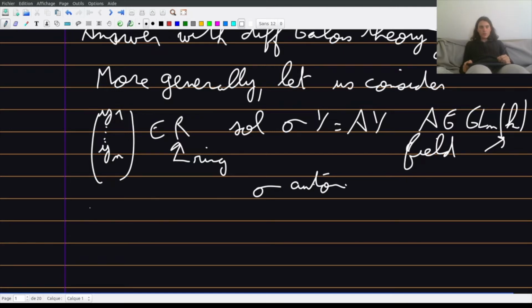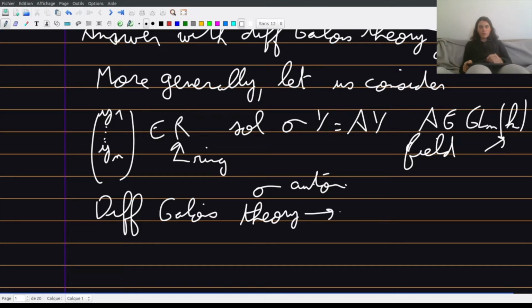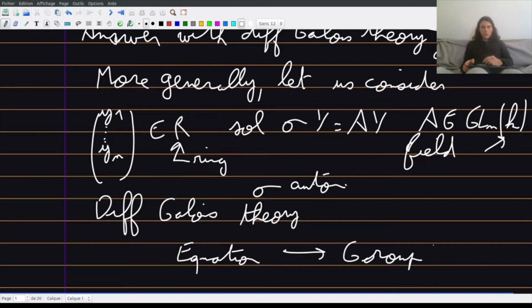And with difference Galois theory, we attach to this equation a group, which will be an algebraic group, that measures the algebraic relations between solutions.